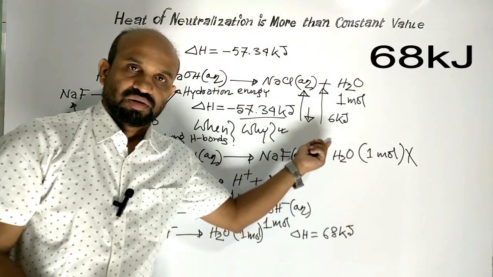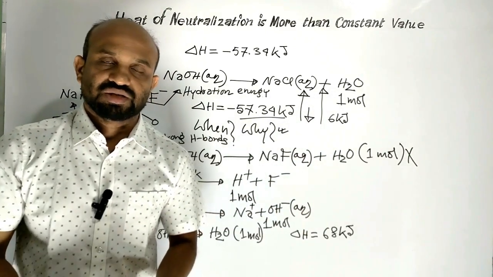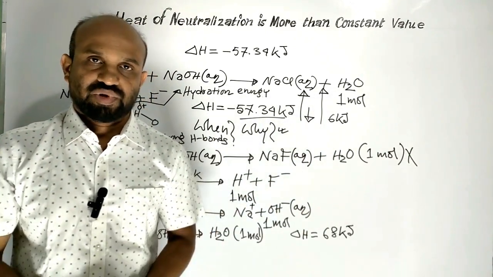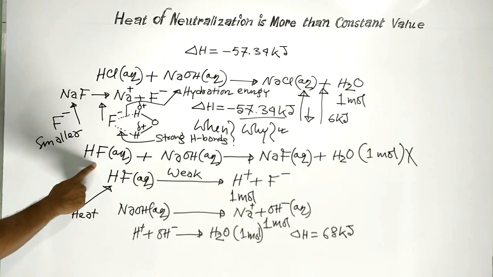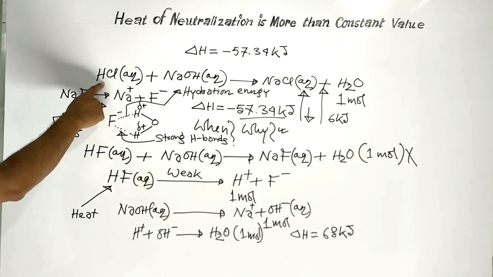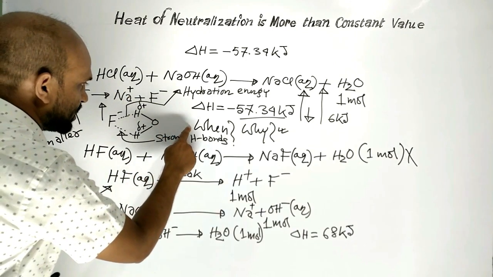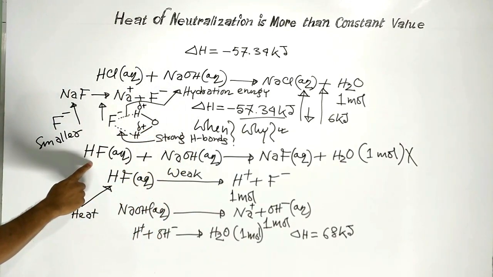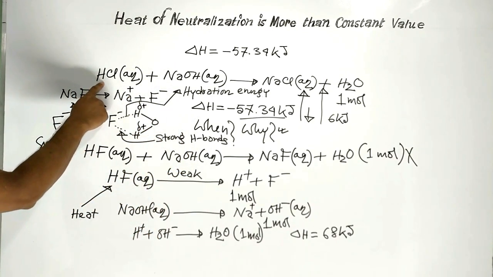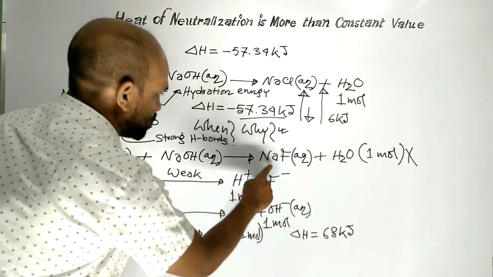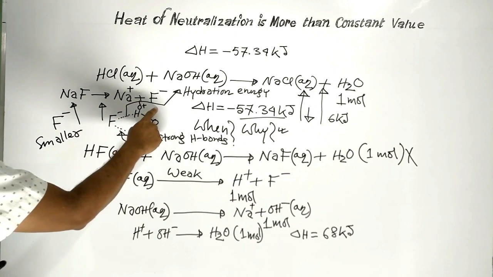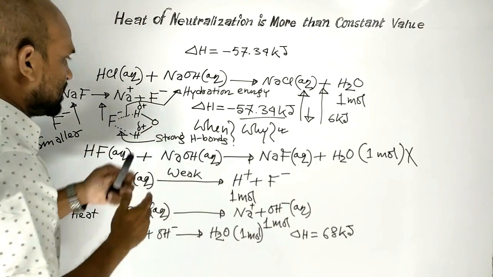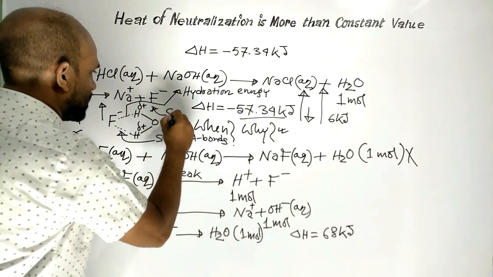This is the reason heat of neutralization is more than the constant value when hydrofluoric acid is used instead of a strong acid, and why sodium fluoride ionizes to sodium ion and fluoride ion, because of the fluoride ion which is smaller in size.